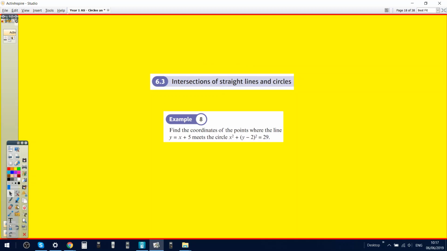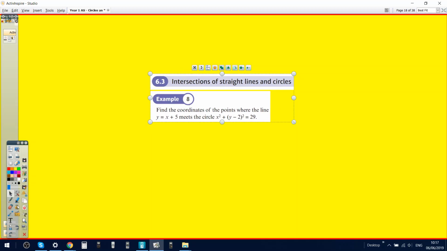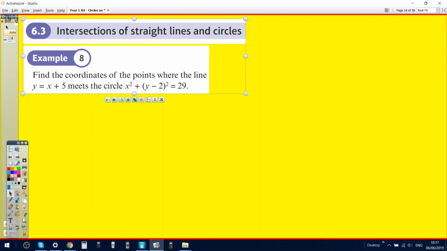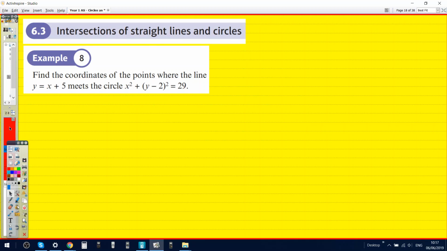So this is intersection of straight lines with circles. Okay, how do we do this? Find the coordinates.